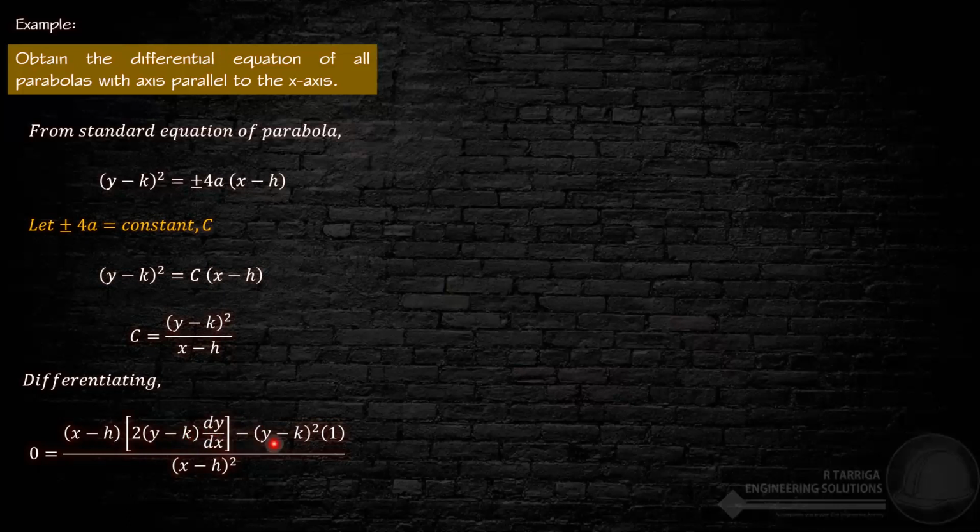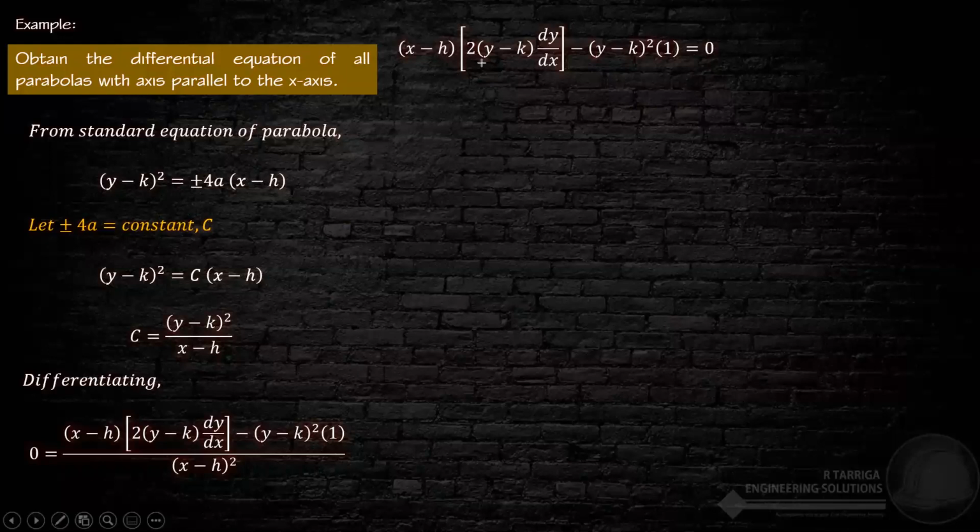Minus quantity y minus k squared and derivative of x minus h is 1 minus 0 or only 1. Okay? So simplifying this one, if i-cross multiply mo siya, magiging ganito. Okay? And if you are familiar, ang y minus k and y minus k isa makancel.